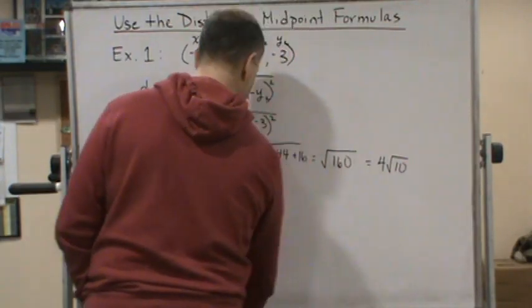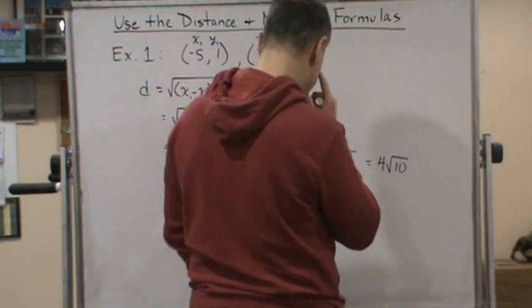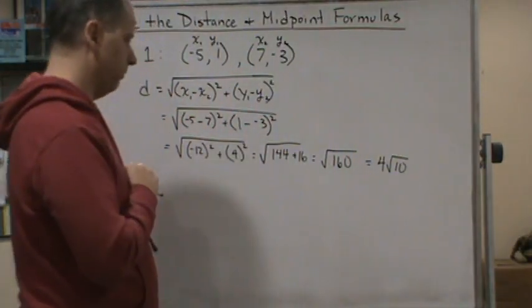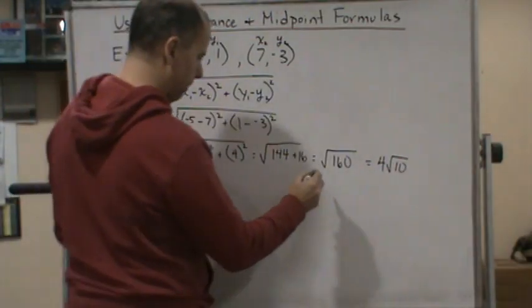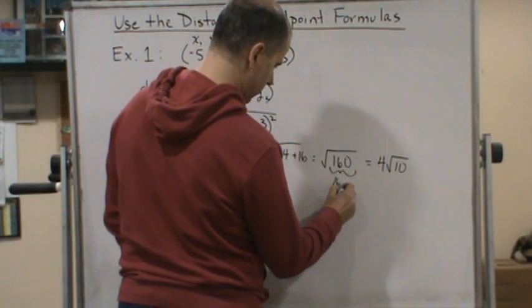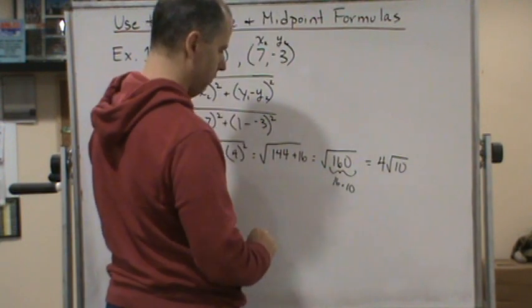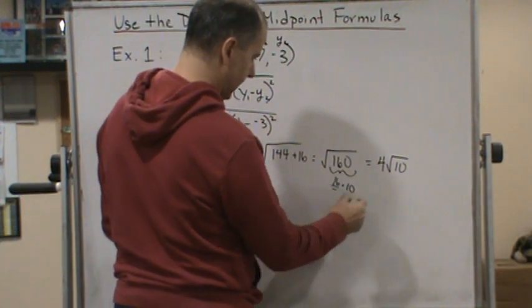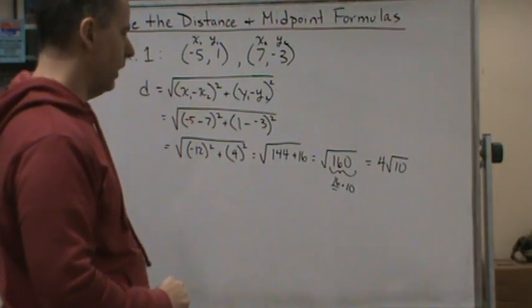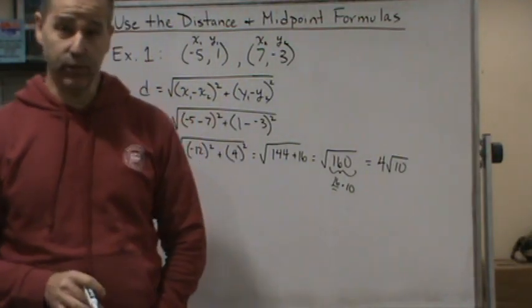Oh, hold on. Yeah. Is that right? Yeah, 4 times the square root of 10. Right? Because this is 16 times 10, right? The square root of 16 is 4, and then we get the square root of 10. Okay? So now that's the exact answer.